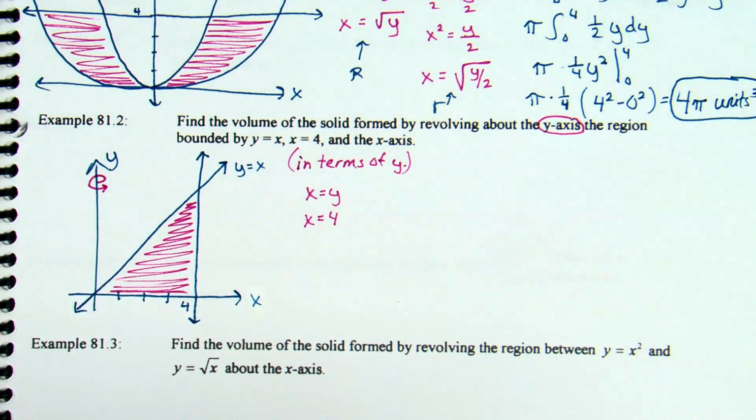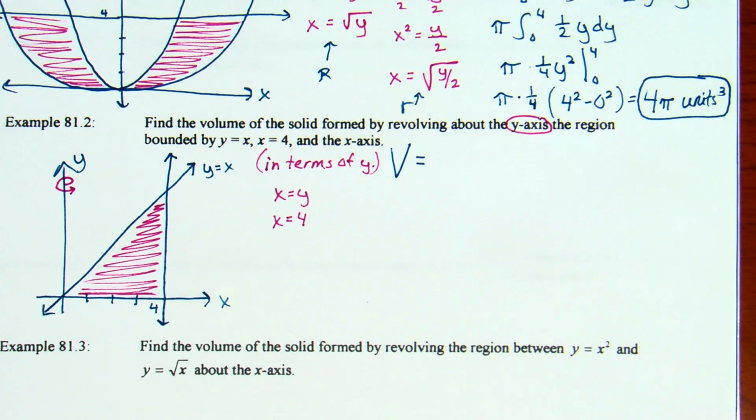There's one thing we haven't talked about. Well, we'll talk about it as we set it up. V equals, what am I going to start with? It's volume, so pi times the integral. What are your thoughts here? Need to find the intersect point. Yeah.